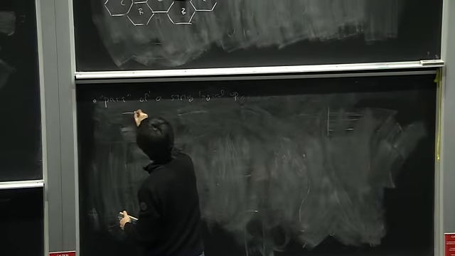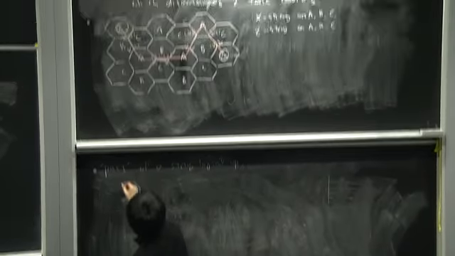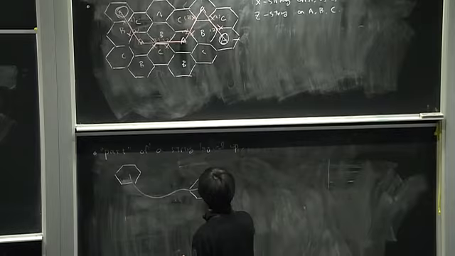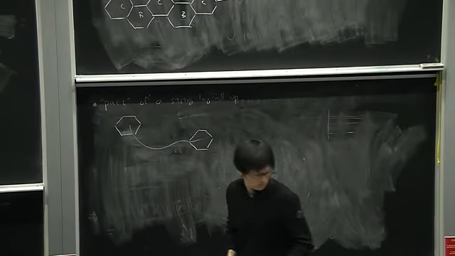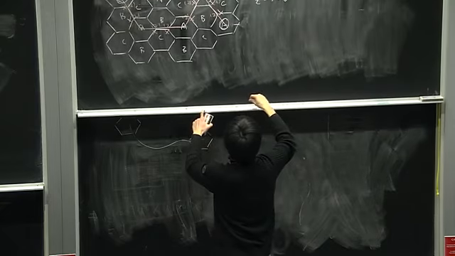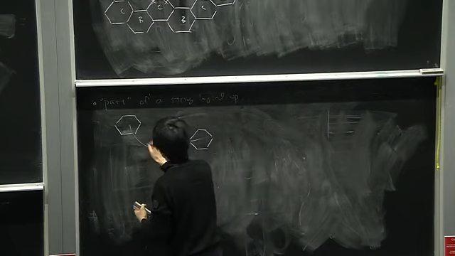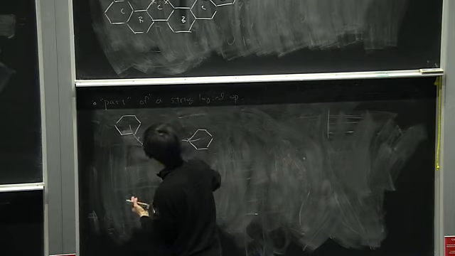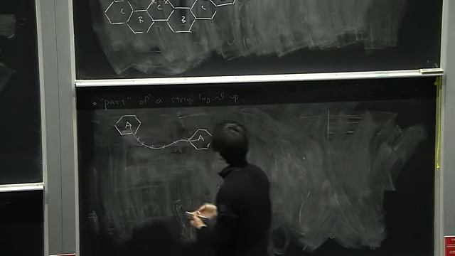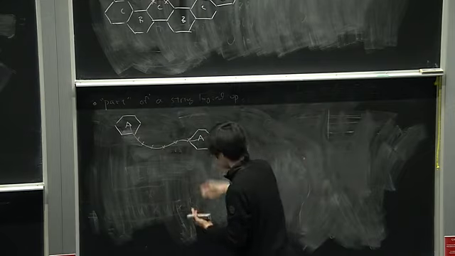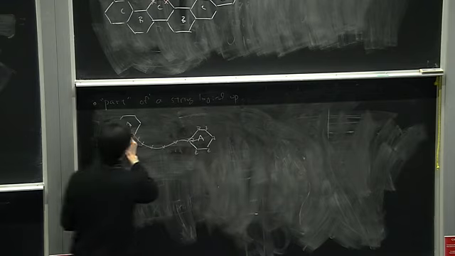Then this string-like X operator violates two terms, that is, these Z terms here and this G term here.